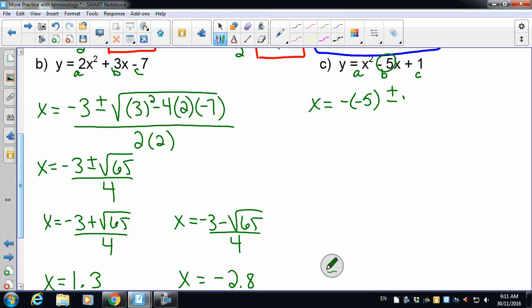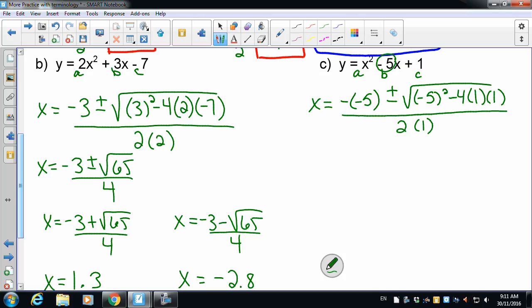And then I've got my plus or minus B squared over 2 times 1. So we'll tidy this up. That negative from the formula and the negative from the number makes that 5 positive. We'll figure out the number under the root sign.